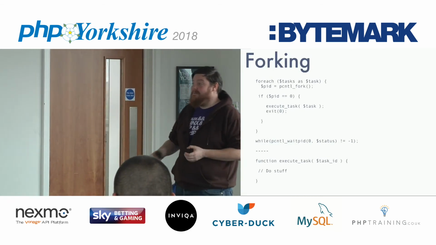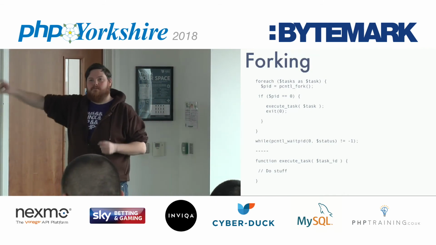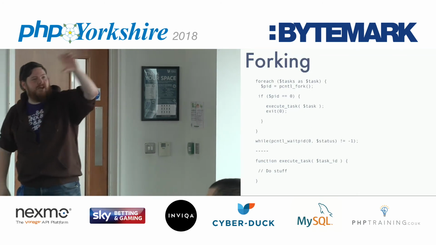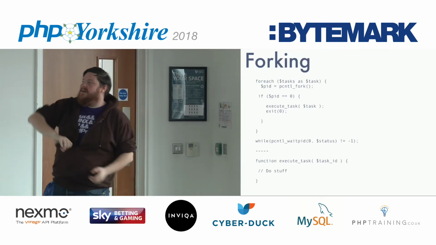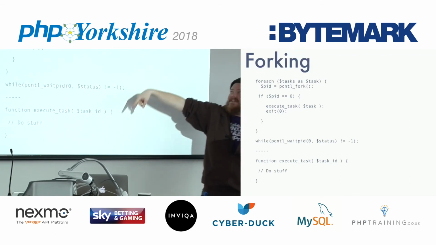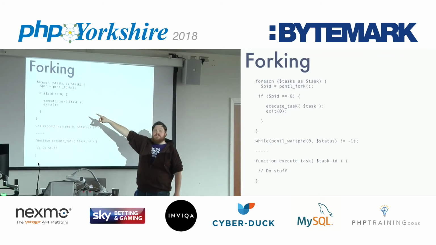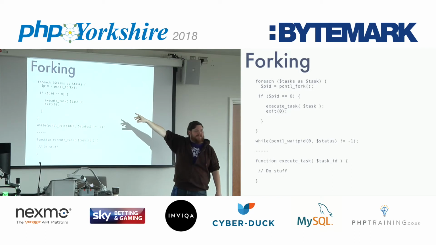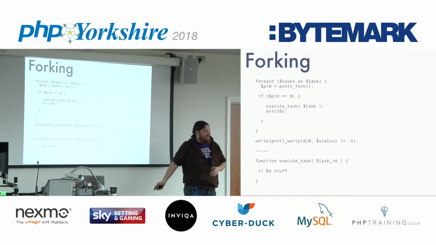For forking, because it's actual processes, not separate files that are running, as it comes through, it kills off. By checking what PID we're running, it determines whether or not it's doing this task. So it basically reloads the entire script again and goes, hang on, what PID am I? Okay, I'm not the master PID, so I should be doing the executing thing in here, and then processing through.